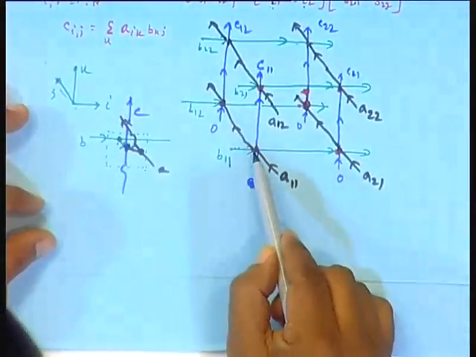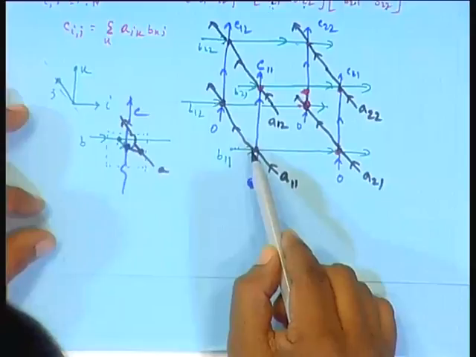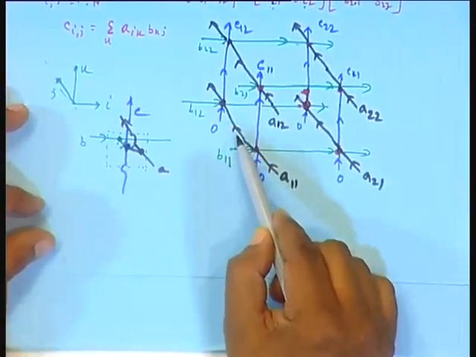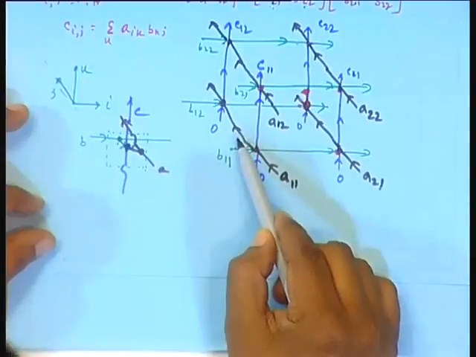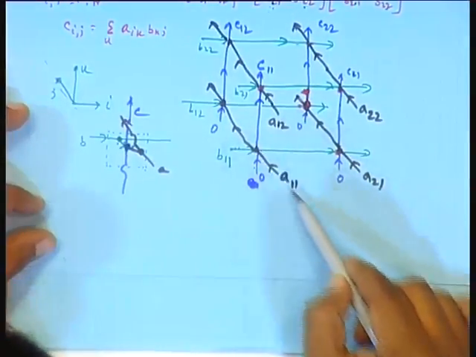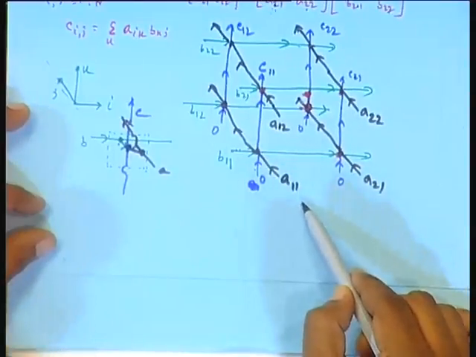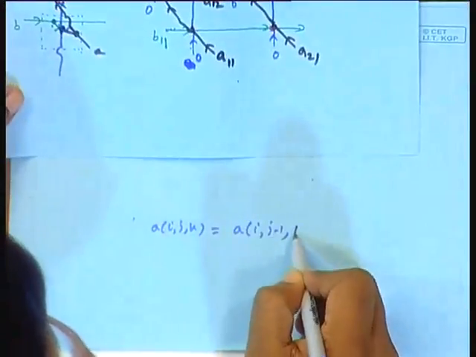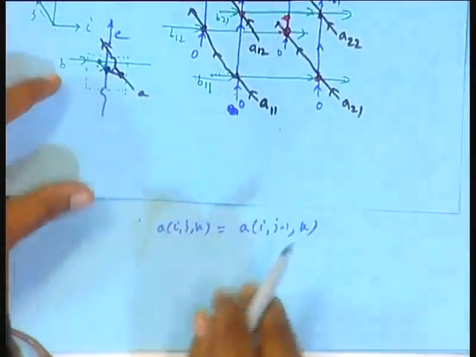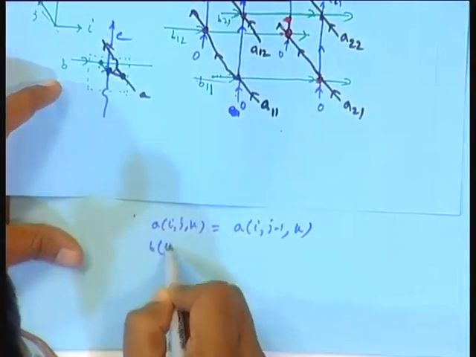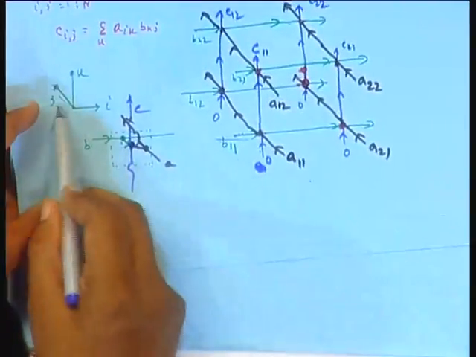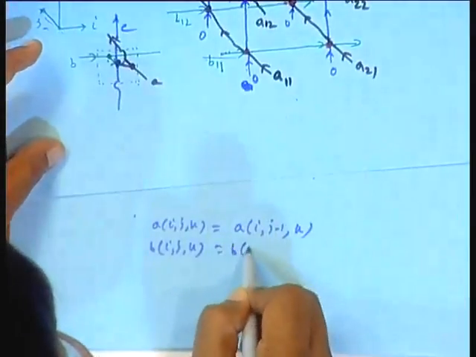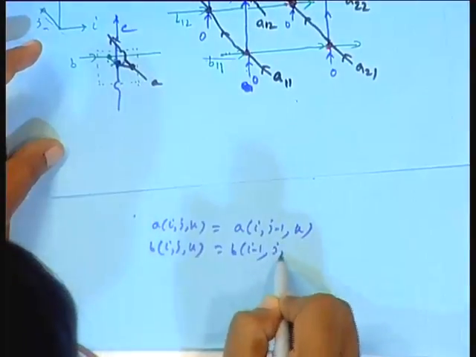The coordinate is called I comma j comma k, and the signal coming out in the standard output form I will call A(I, j, k). That is the same as what is coming from the previous node, where I remains I, k remains k, but j becomes j minus 1. Similarly, B is in the I direction: B(I, j, k) equals B(I minus 1, j, k), with j and k the same.